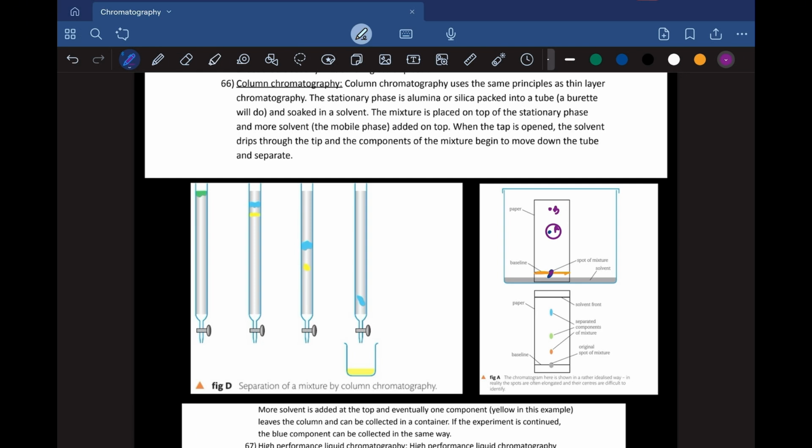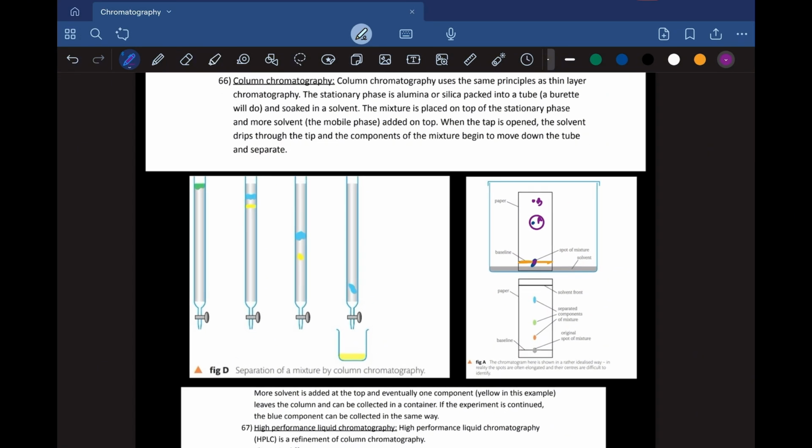But if it has a weaker interaction with the silica gel, then it will move further because it is easier for the solvent to separate the components from the silica gel if the attraction between the silica gel and the component is less. So this is the main thing. Hopefully you guys have understood this part. If you didn't, then you can comment down below. I will try to help you as much as possible on this particular thing.